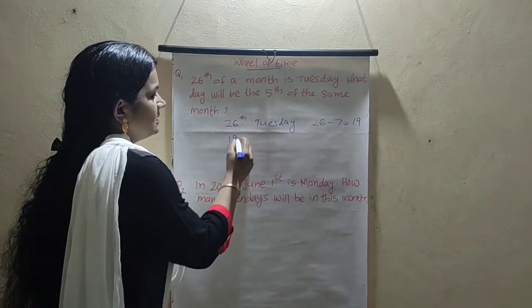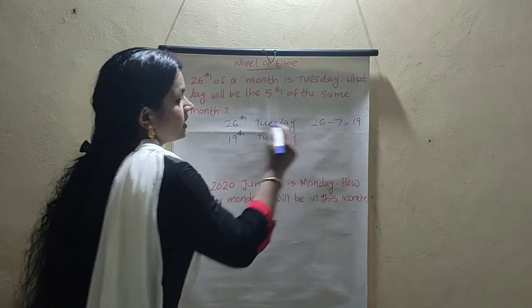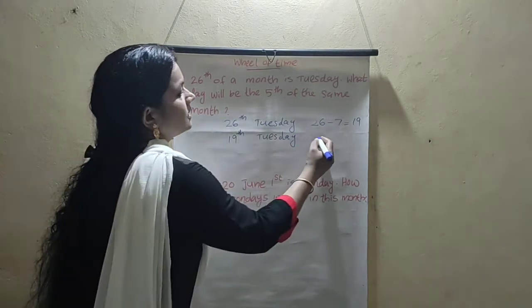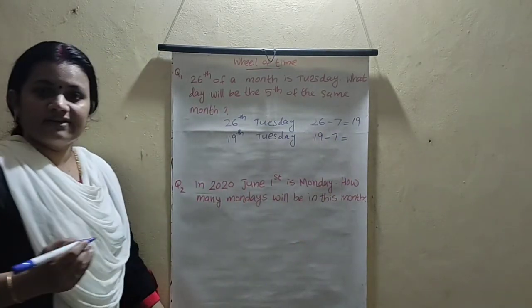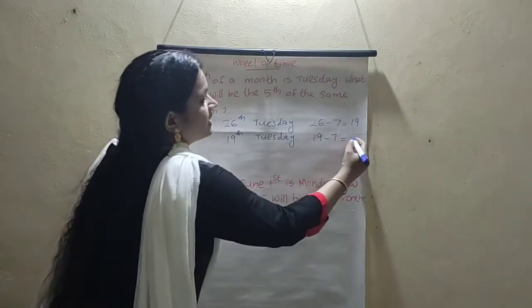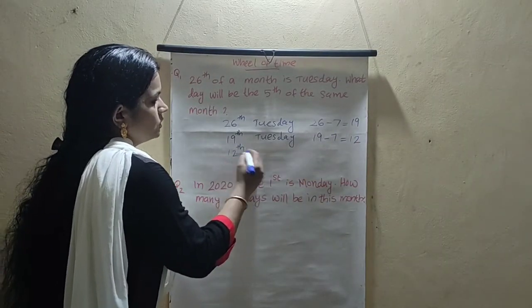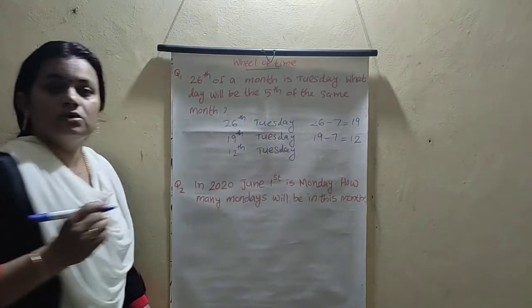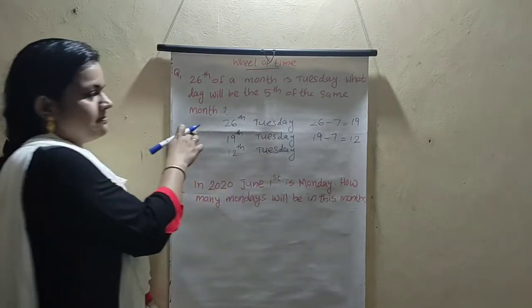So 19th is also Tuesday. Then 19 minus 7. What is the answer? It is 12. So 12th is also Tuesday.